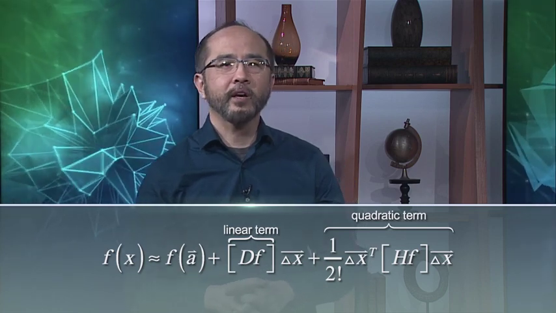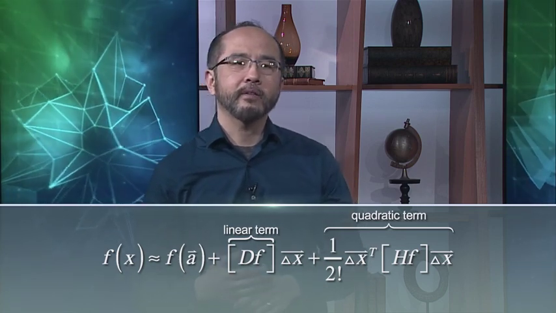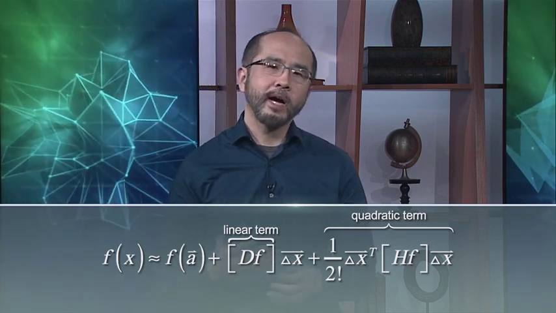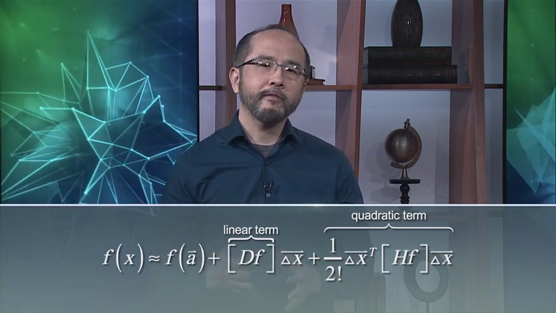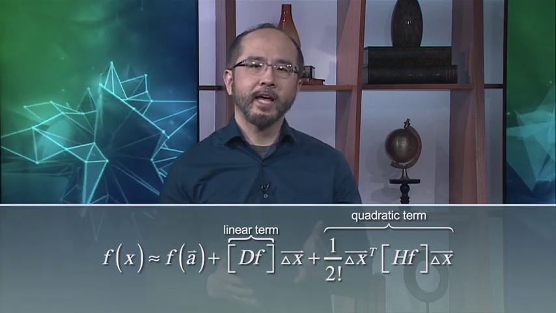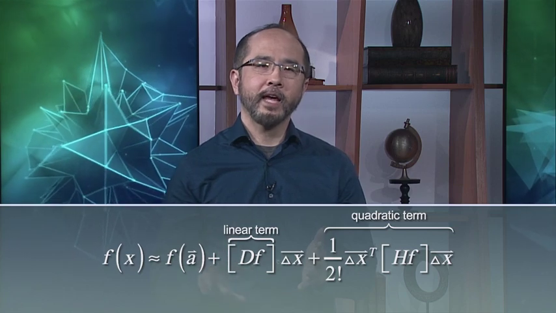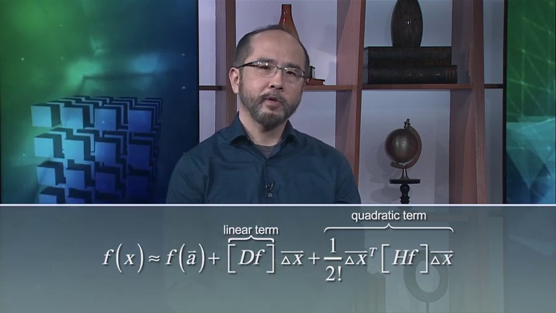That's because depending on how you choose delta x, the linear term could either be positive or negative. So f of x will be both above f at a and below f at a at various places. So f of a cannot be a local maximum or minimum.